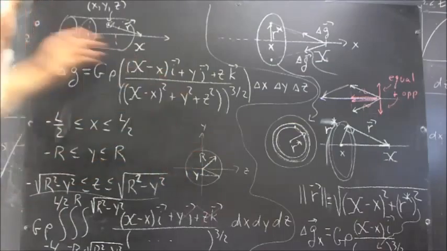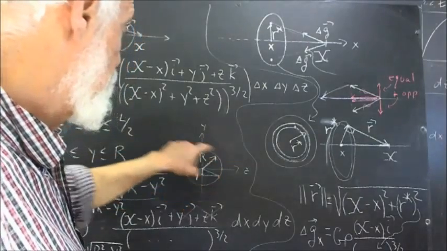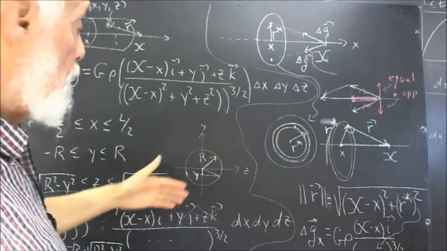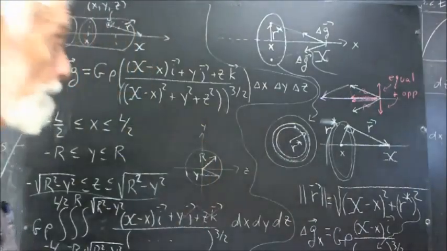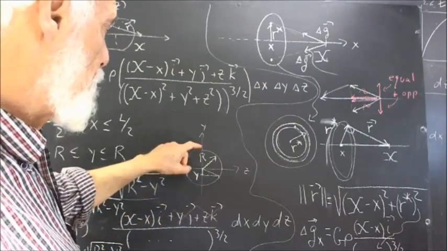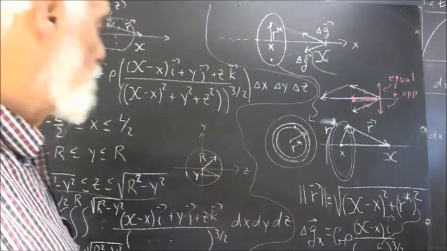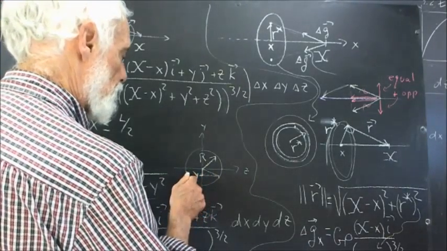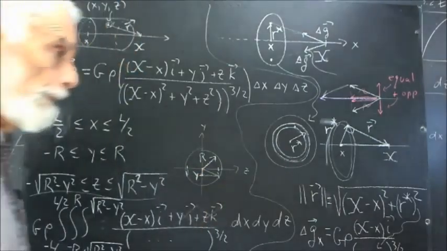Now we can look at the cylinder from a point along the x-axis. Any cross-section of the cylinder perpendicular to the x-axis is going to be a circle of radius big R, and that means that the y-coordinate could go from negative R to positive R, with the z-coordinate going from, well, if this is the y-coordinate here, the z-coordinate is going to go from here to here.